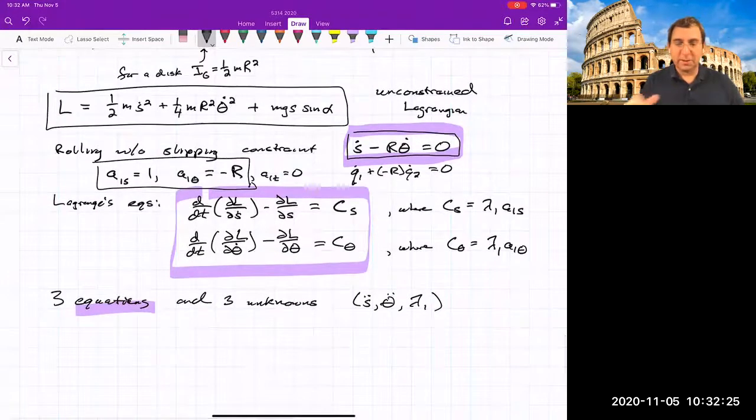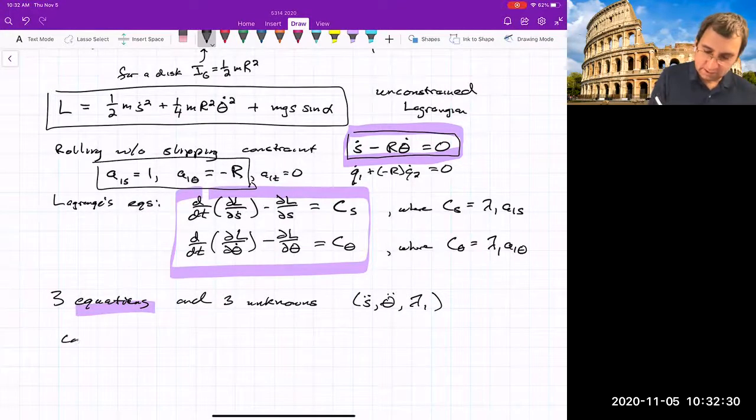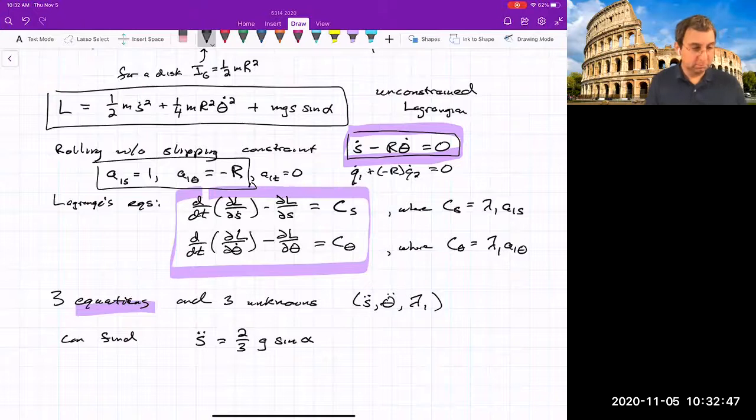So we can find from these equations and unknowns, and maybe I'll leave it as an exercise, that s double dot equals 2/3 g sine alpha for this case.